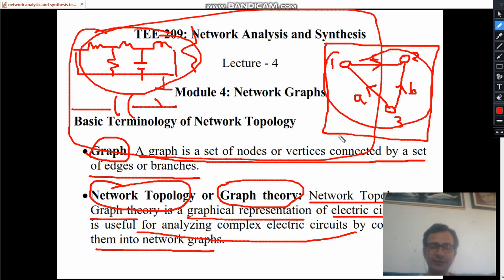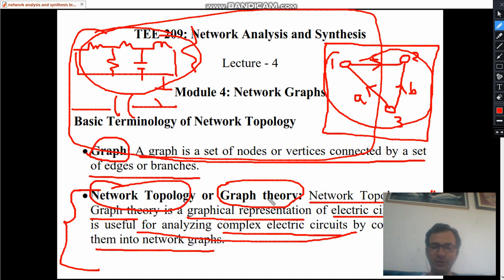Then the calculations can be made with the help of those matrices. Especially whenever we have the facility of computers, the use of graph theory becomes very convenient for analyzing any complex electrical circuits.